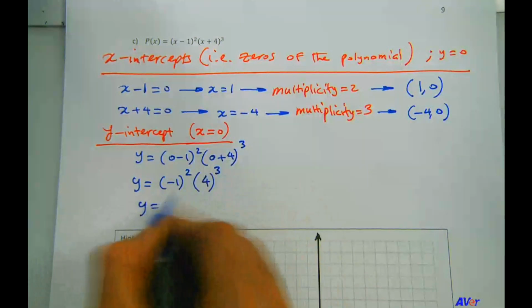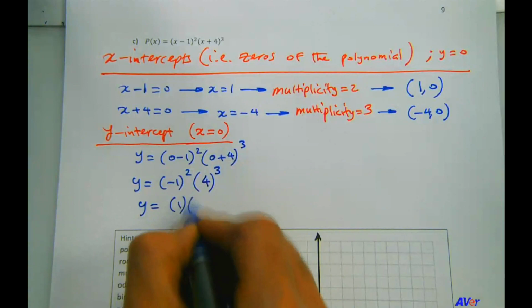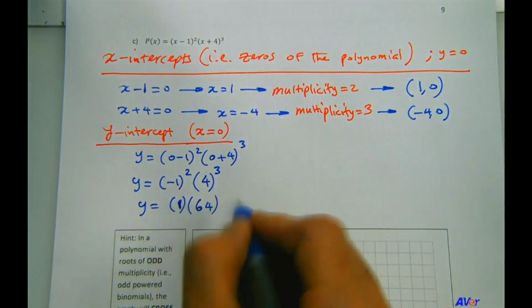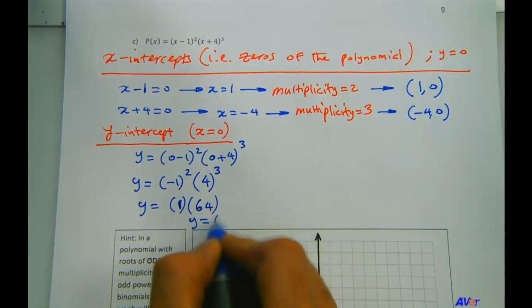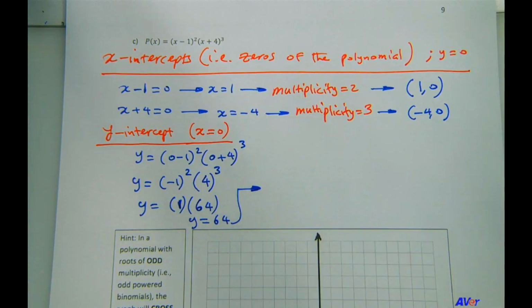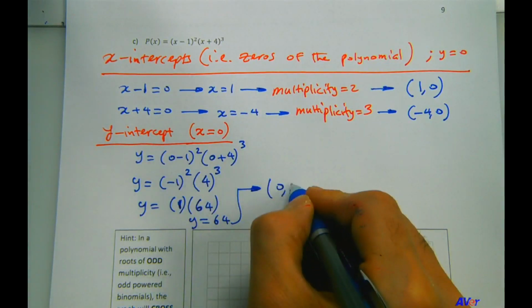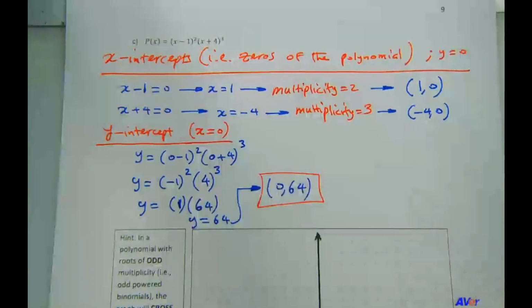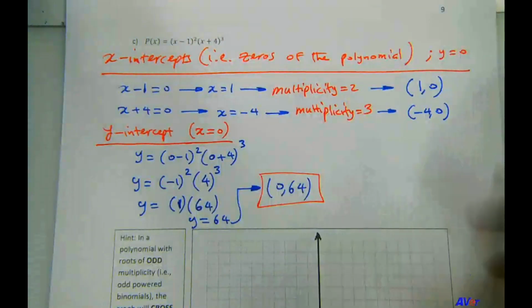So this is minus 1 squared, which is positive 1. 4 cubed is positive 64. So y equals 64, which means the y-intercept would be at 0, 64. Okay? All right, so let's plot.